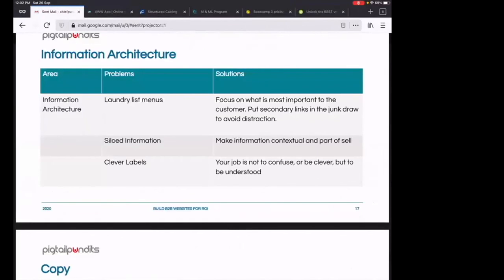The third problem with information architecture, because that has also to do with the labeling of links, is cleverness. Everyone says "About us." Why should I call this about us? It's a bit like saying, everyone has got round wheels in their car, so I'll go and build square wheels.